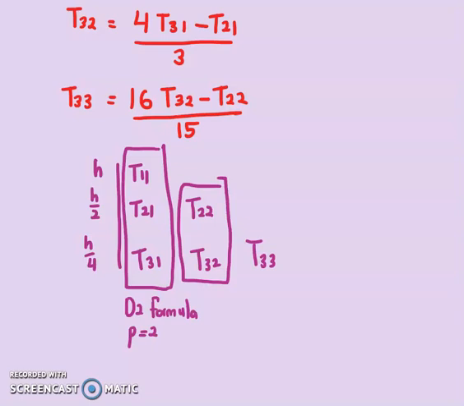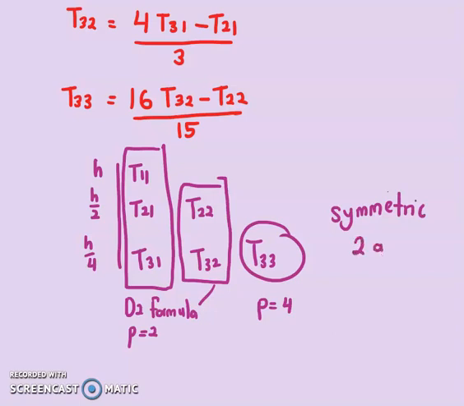Now for this one here, my p will be 4, because the method is symmetric, the order will increase 2 at a time. So that's why you have 2 to the power of 4, 16, and 2 to the power of 4 minus 1, 15. Okay, so this is about extrapolation.